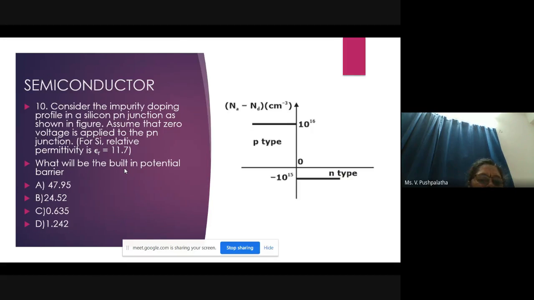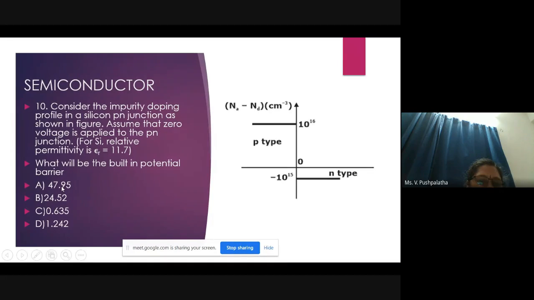Clear? Here they have given silicon. So what will be your answer? For a forward bias region, what will be the built-in potential? Is it 47.95, 24.52, 0.635, 1.242? So either 0.635 or 1.242. 47.95 is ruled out.